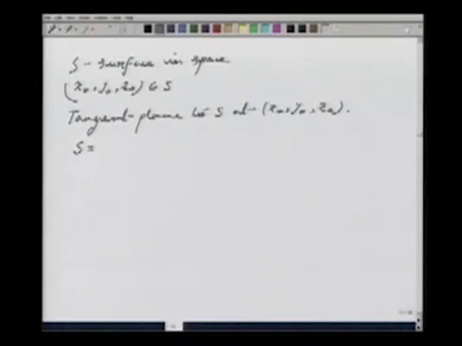Since S is a surface, S must be given by a function. So it must be collection of all points x, y, z such that f at x, y, z is some constant d. S must be of this form. I then look at grad f at x naught, y naught, z naught.